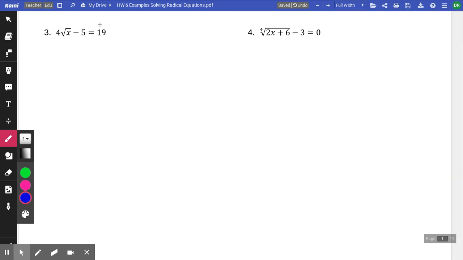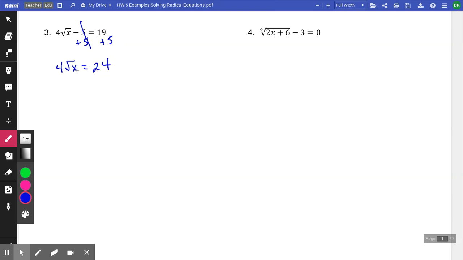And when we solve equations, we always save dividing for last. So to cancel this 4, we're going to need to divide. So let's not get rid of that yet. Let's go ahead and cancel the -5 to keep things simple. So if we add 5 on the left side and the right side of your equation, you'll get 4 times the square root of x equals 24. And we're getting a little bit closer.